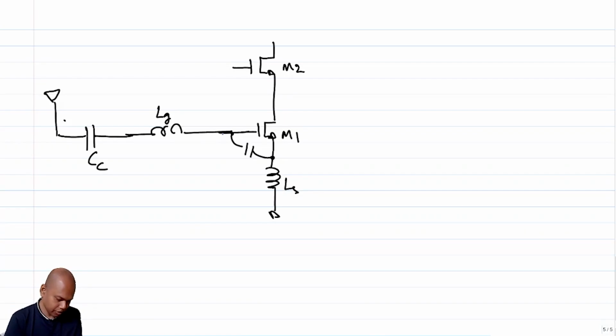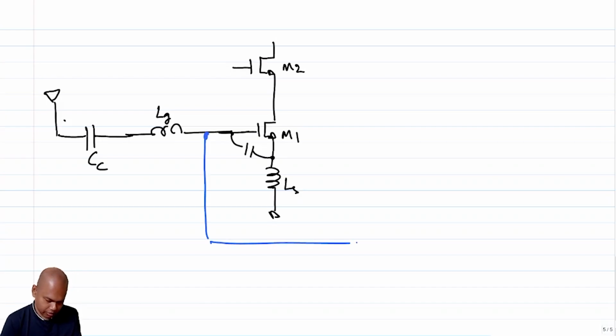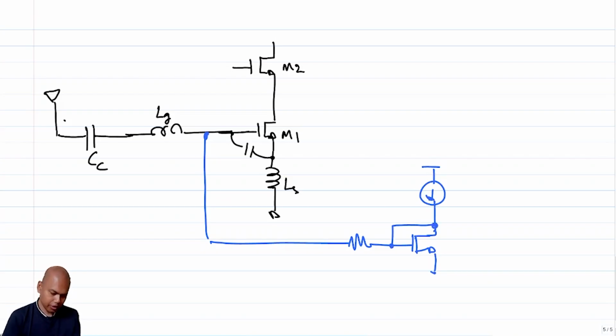Using the same principle as earlier, I can create an appropriate VGS from a diode connected transistor, and that VGS can be fed to the gate of M1 through another biasing resistor RB.